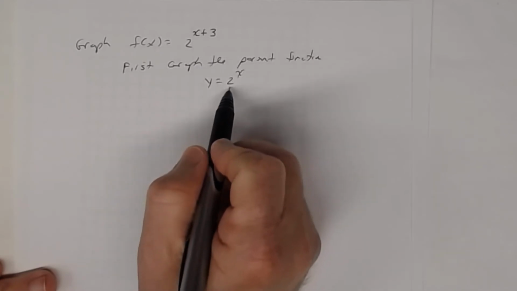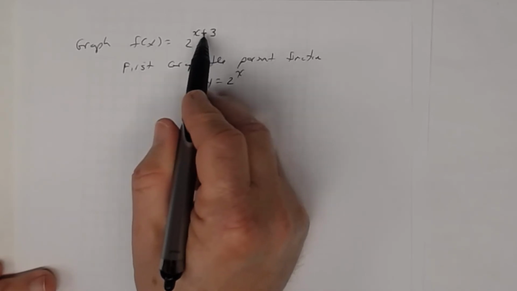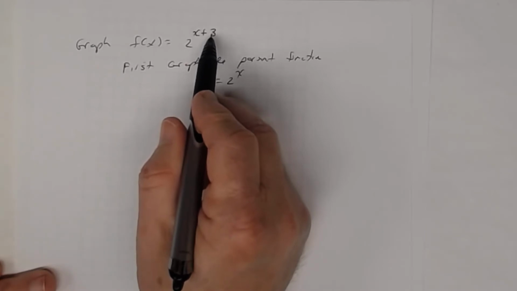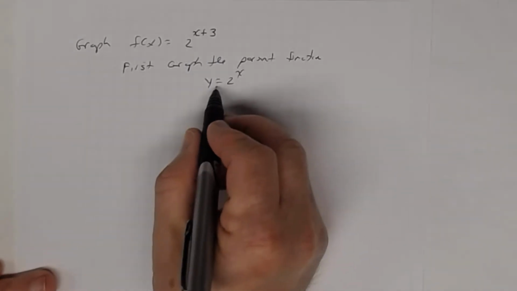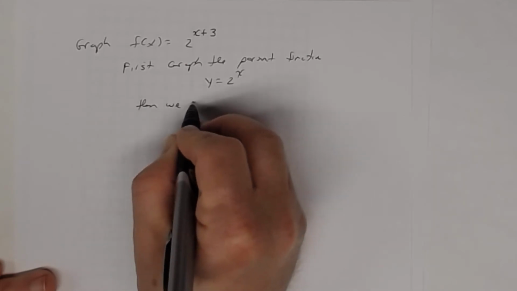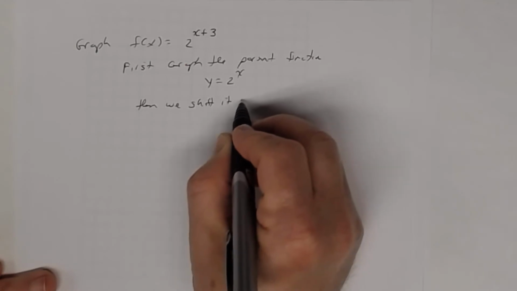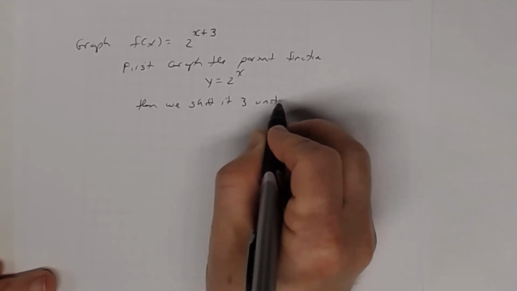So I'm going to take this parent function and shift it 3 units, but you've got to be careful which way. It's counterintuitive for horizontal shifts. So don't say, well, since that's plus 3, I go to the right. You actually go the opposite way. You go to the left. So once we graph the parent function, then we shift the parent function 3 units to the left.